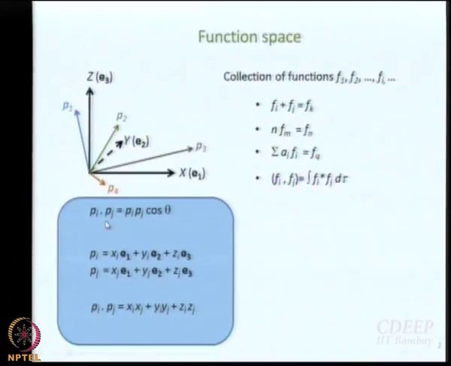What is pi pj? We worked it out and it turns out to be sum over i of xi xj plus yi yj plus zi zj, which is basically the same as integral fi star fj d tau. It's just that in this example we have taken only 3 basis vectors.